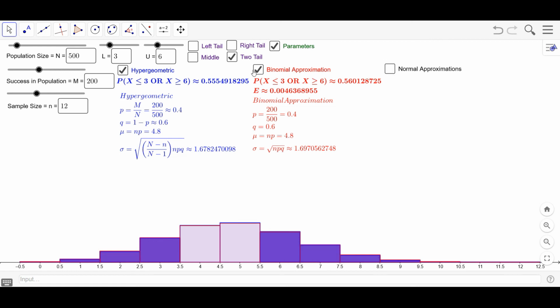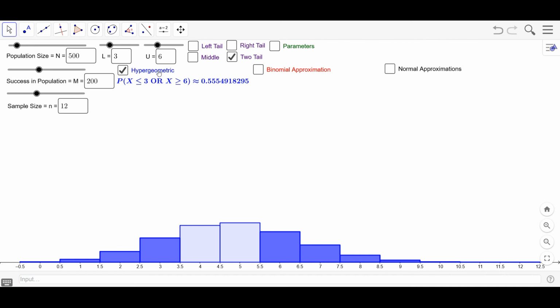So the actual thing most likely is hypergeometric, right? Hypergeometric is sampling without replacement. You can use a binomial to approximate that if the population size is big but unknown. If the population size is known, you might as well use the hypergeometric.